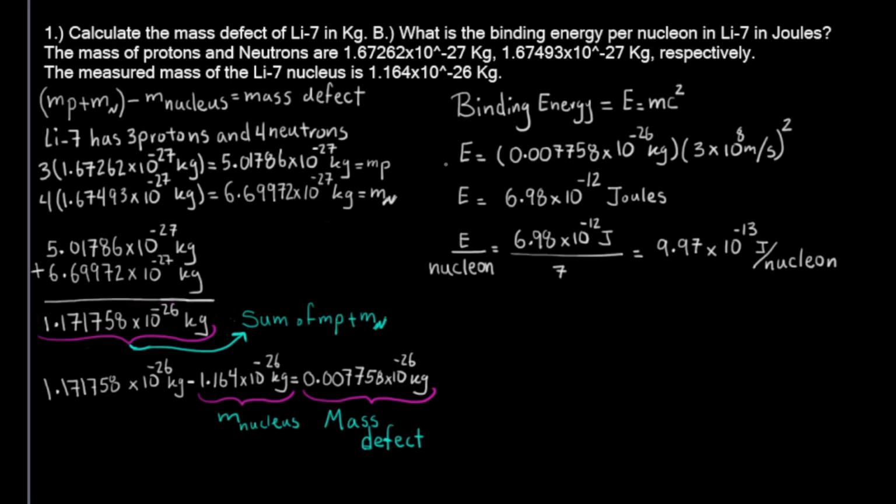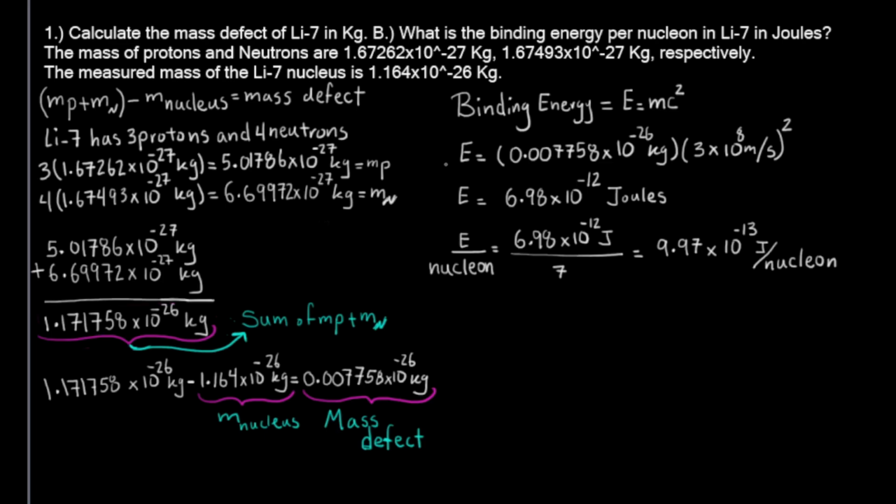The second part of this question asks for the binding energy of lithium-7 nucleus. So to answer this question, we need to use the E equals mc squared formula. E is the binding energy in joules, m is the mass defect, and c is the speed of light.